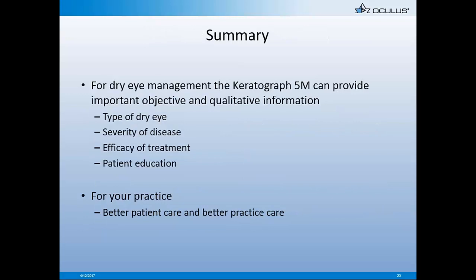So in summary, you can tell that I'm extremely happy with the K5 and dozens of practices that I've worked with.